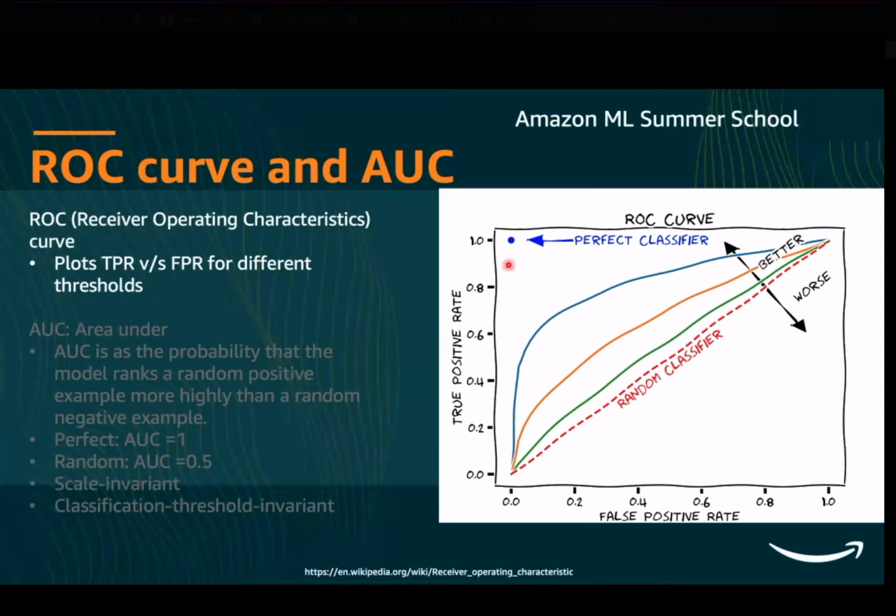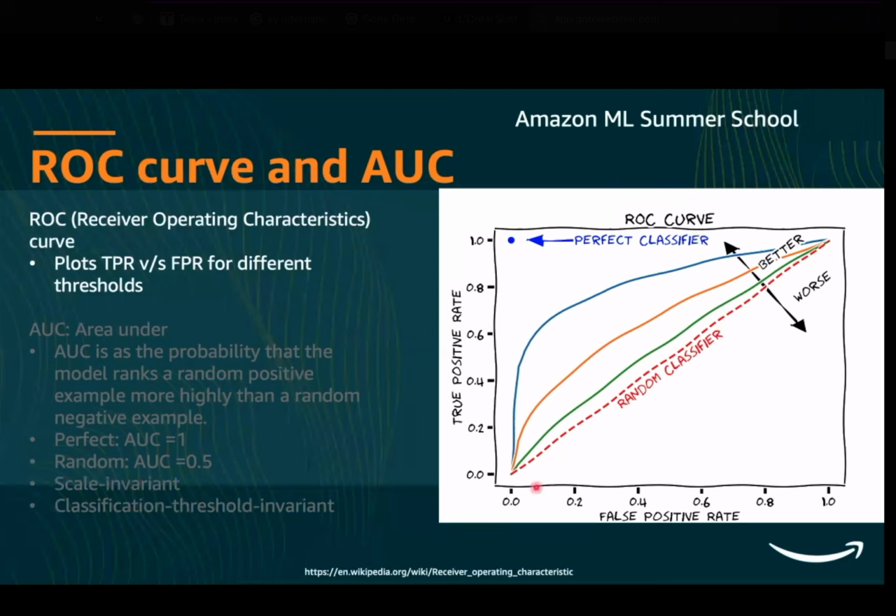Now, ideally the best classifier would have a zero false positive rate and a very high true positive rate. So (0, 1) in this plot would be the perfect classifier. But generally, this does not happen because of the variability in the data itself.